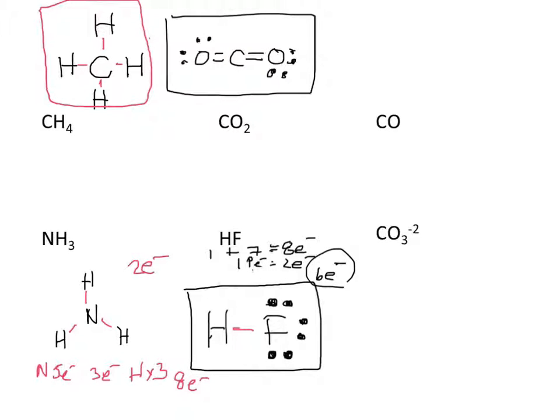Well, we know we can't put them around the hydrogens because we're not allowed to add any more electrons around hydrogen, because that would exceed its duet, right? Because there's already 2 here, and this has 2, and this has 2, so we can't put anything around there.